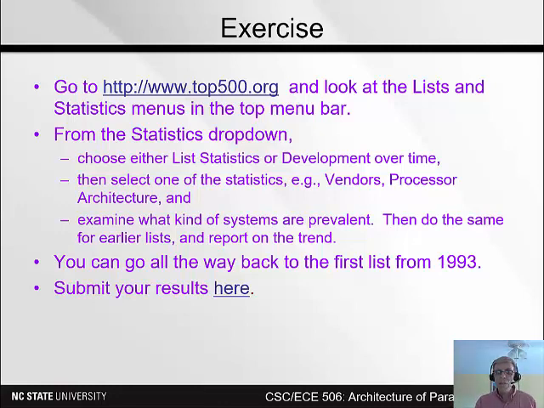From the statistics menu, choose one of those things we've talked about, and then just look at it, try to come up with some interesting idea, then submit your results. And once you submit your results, you'll be able to look at the results submitted by other students this semester and last semester as well. So I hope you find some interesting observations.